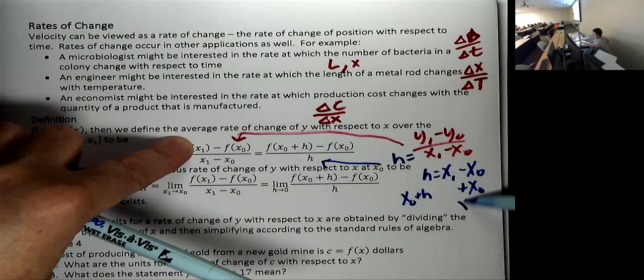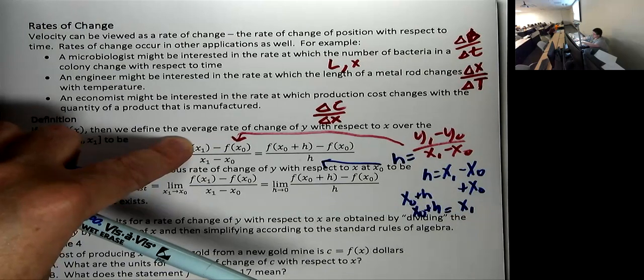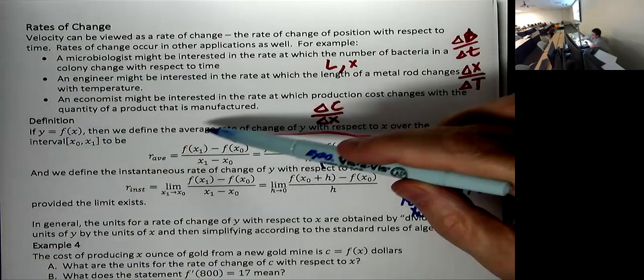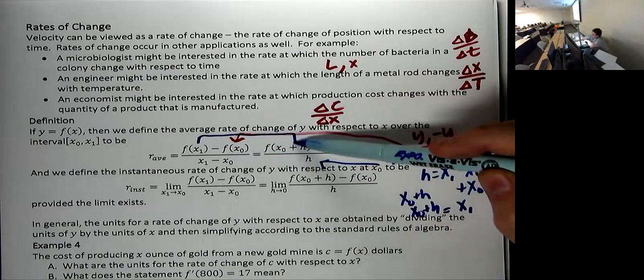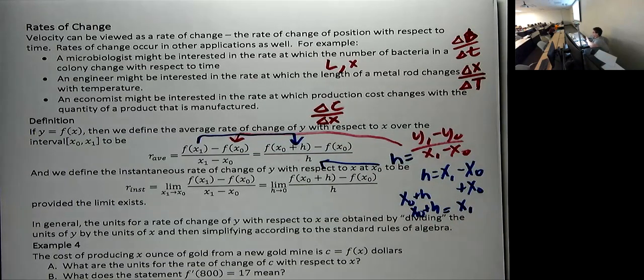And I see that x1 equals x naught plus h, which is why x1 changes to x naught plus h. That's where that change is coming from. And when we do the instantaneous rate of change, we do the limit as one point approaches the other. As x1 goes to x naught, or h goes to 0.